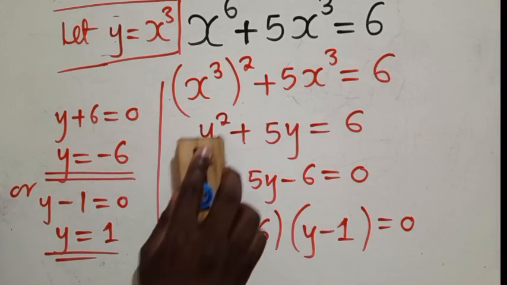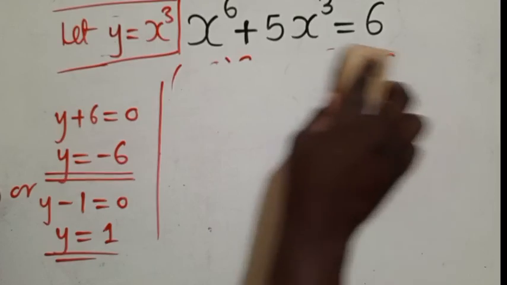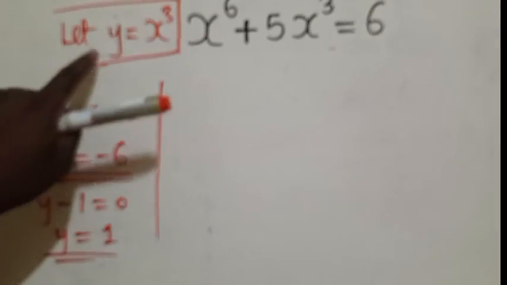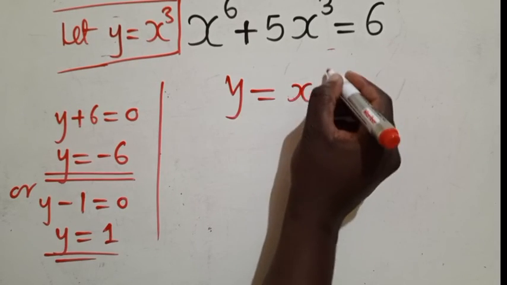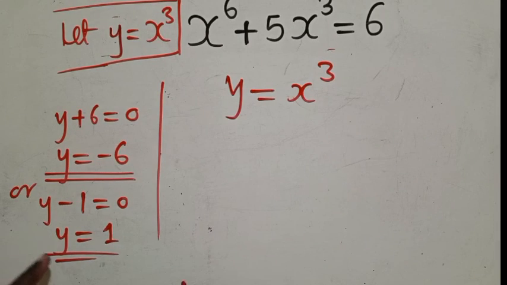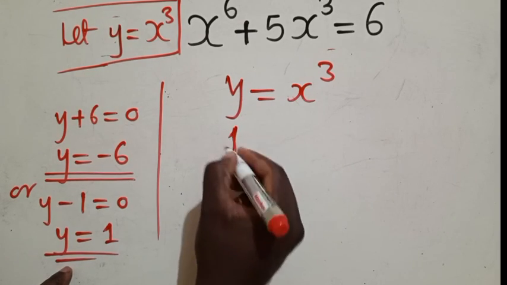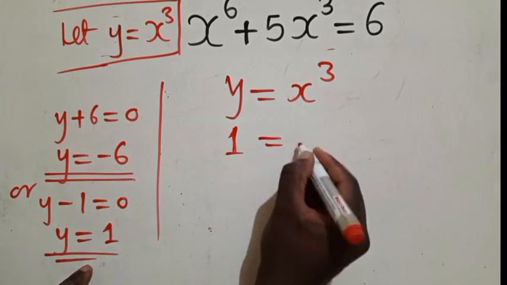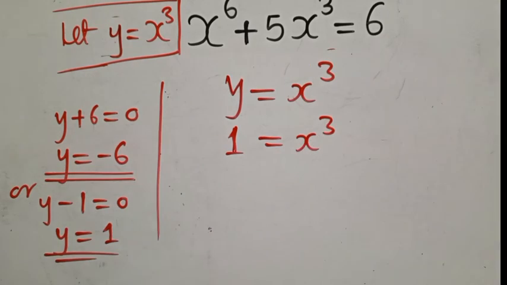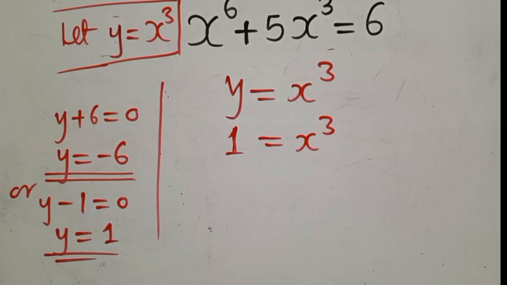So we haven't finished. We come back to this stage over here, where we said let y be equal to x^3. My y is right over here, which is equal to x^3.